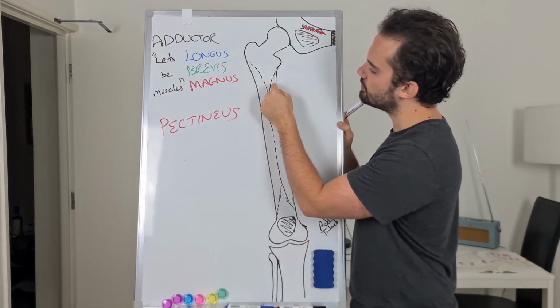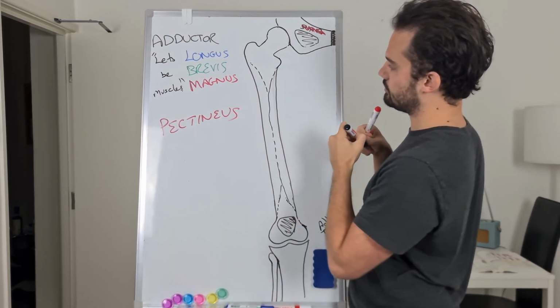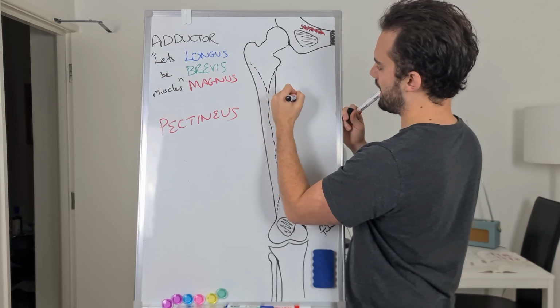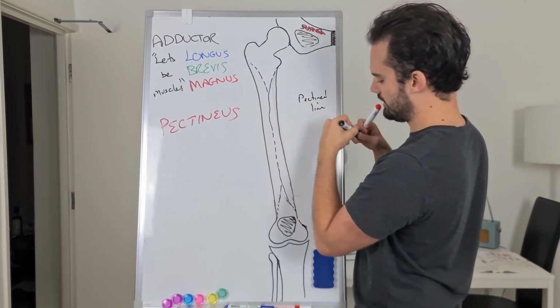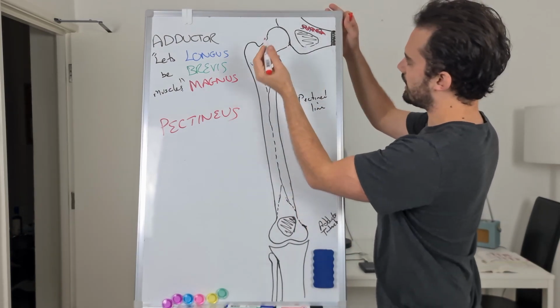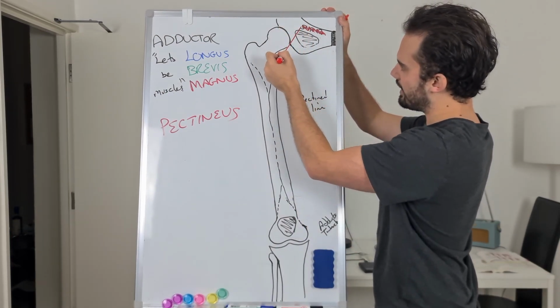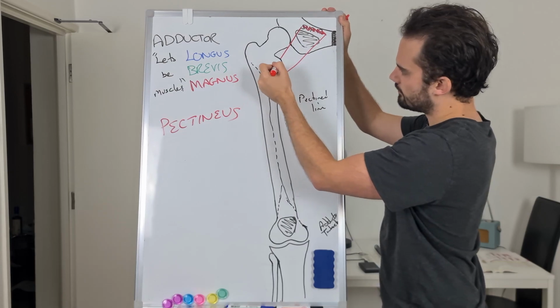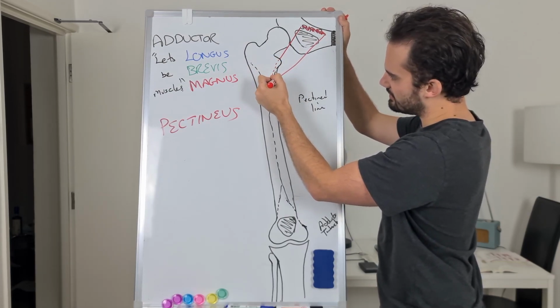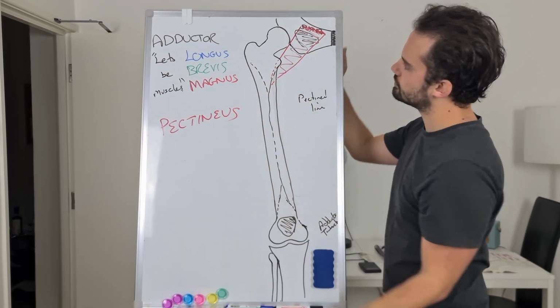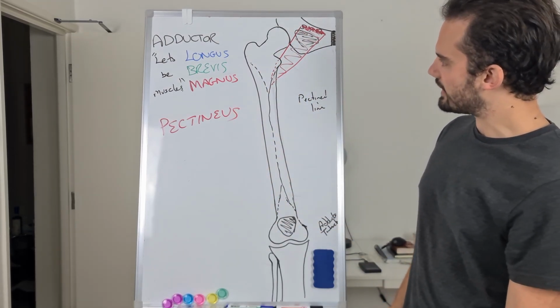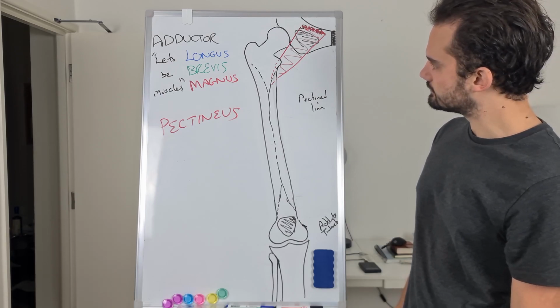It's this medial one, and this is literally called the pectineal line. So it's nice and easy to remember. Pectineus is going to come down here and then insert onto this line like that. Okay, and that's pectineus. Nice and easy.